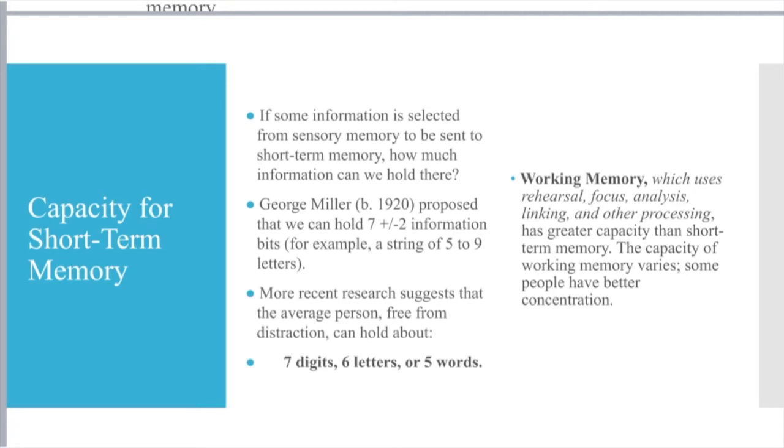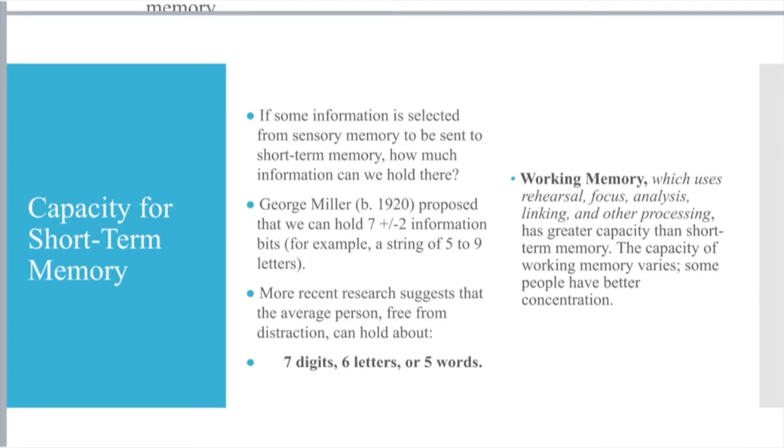But more research suggests that people can hold, free from distraction, 7 digits, the length of a phone number, 6 letters, or 5 words. The interesting piece here, again, notice that 5 words is probably more than 6 letters, but that's semantic processing. That's when we're providing meaning to the word, right? We see plane, right, and we see pizza.